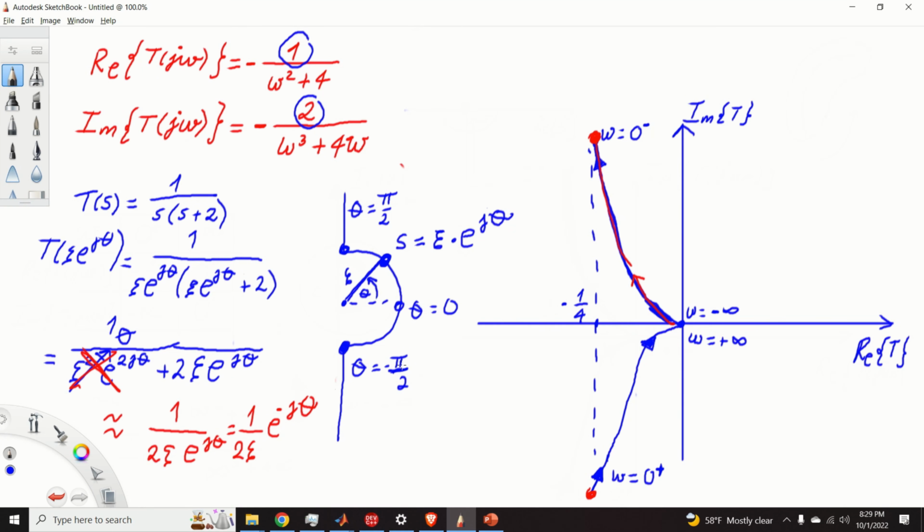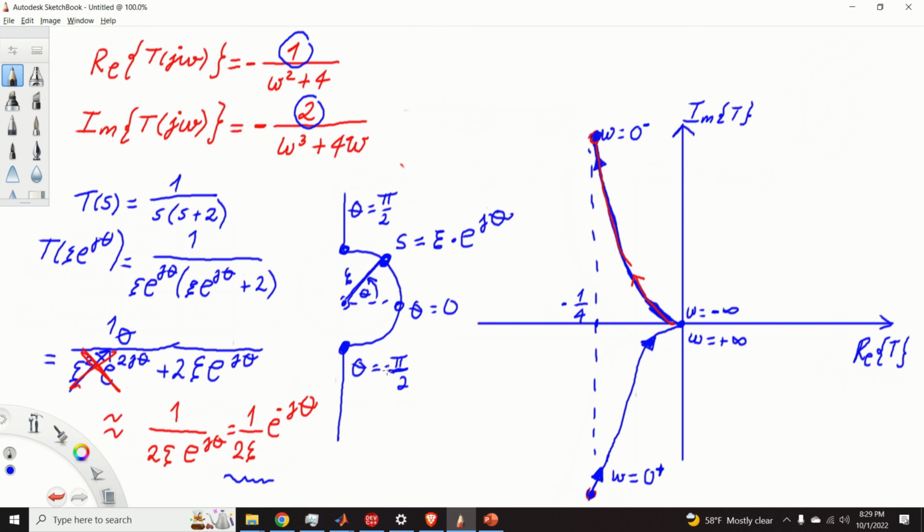Now, let's look at the global picture. This complex number approximates the behavior of our Nyquist plot in the vicinity of omega is equal to 0. That is, it will tell us how we transition from this point to this point over here. Let us see what happens.